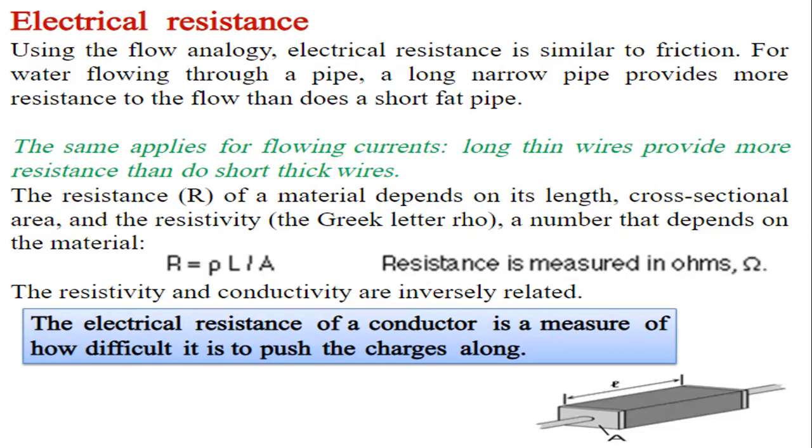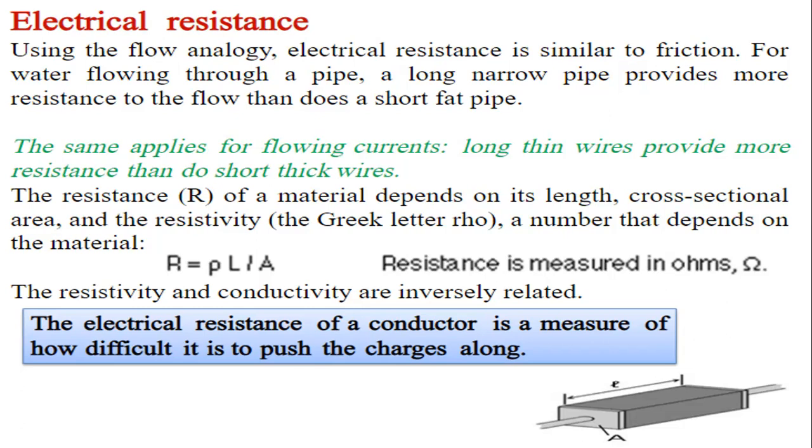The resistance of a given material depends upon the formula R equals rho L by A. Rho is the resistivity, L is the length of the given conductor, and A is the cross-sectional area. Resistivity and conductivity are inversely proportional to each other.